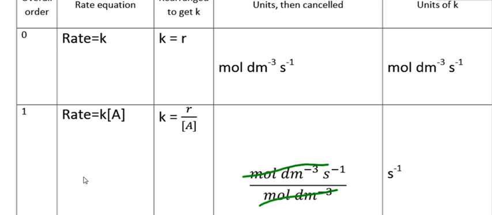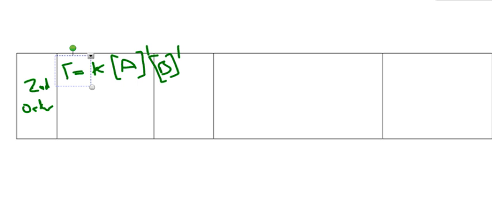Now, in a second order reaction, things start to get a little more interesting. Let me just flip over onto a new page. In a second order reaction, this could come from a couple of different types of rate equation. Rate in this case could be equal to K A to the 1, B to the 1, meaning that A and B are both first order, and then I add those two powers together.